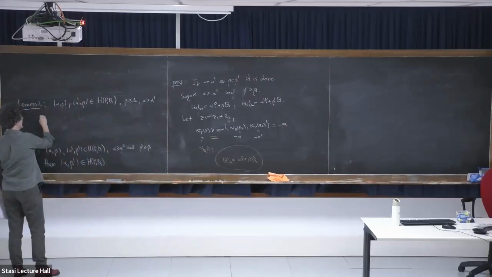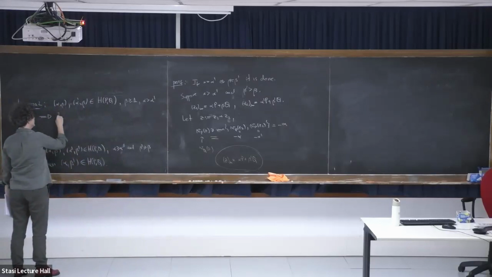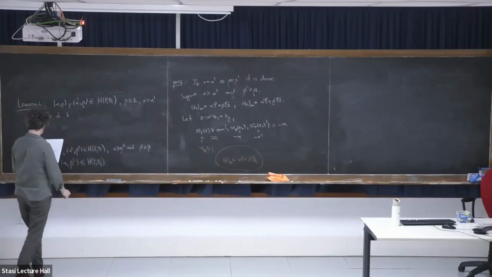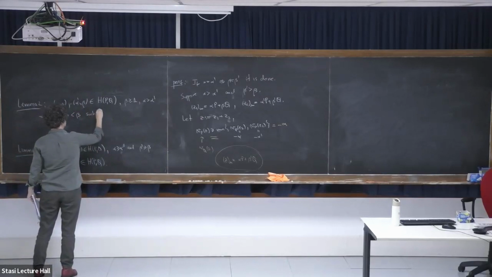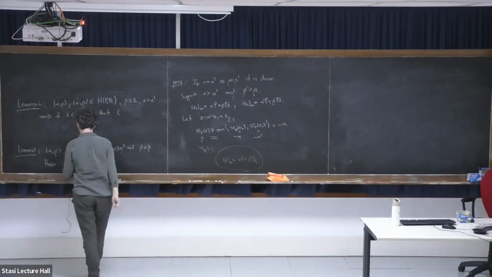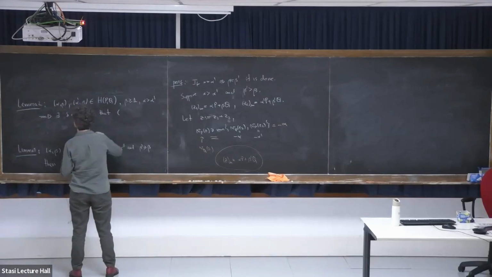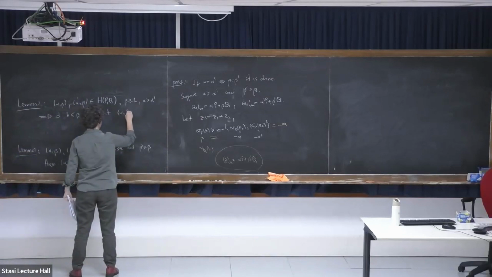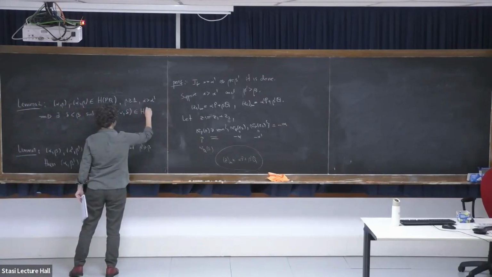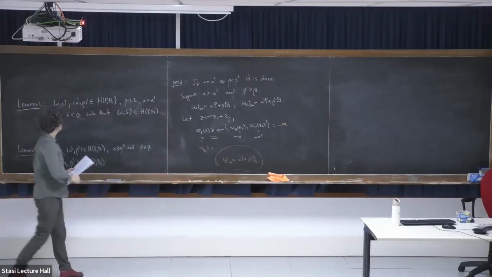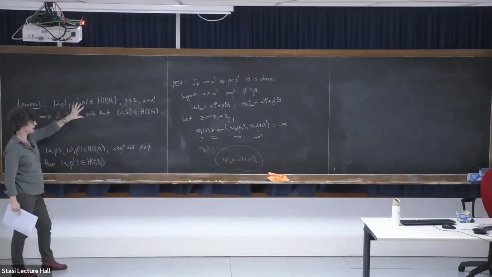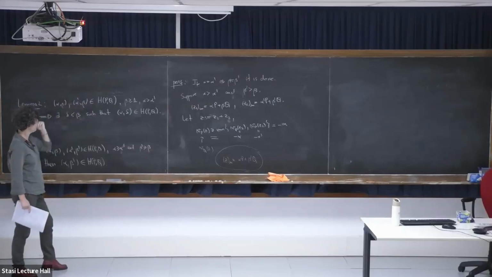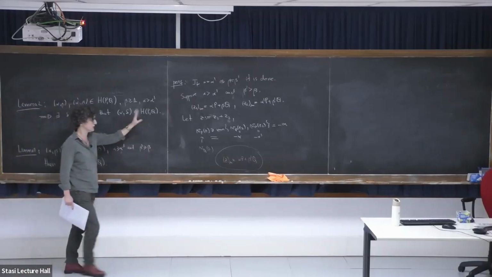So if this happens, then there exists a delta, smaller than beta, such that alpha delta is also here. So we have a pair with one coordinate equal, beta not 0, at least 1. This is larger than this, so I can find someone smaller than beta such that this is still in the same group.